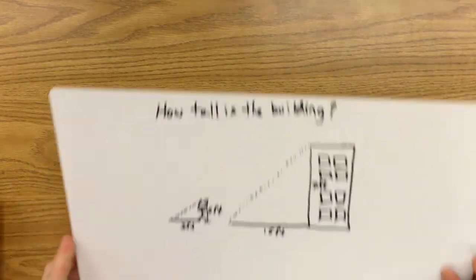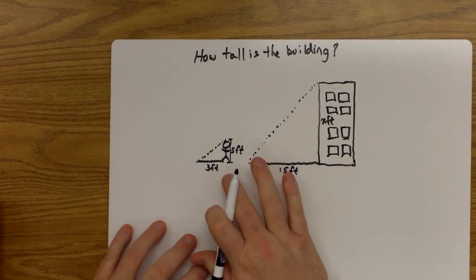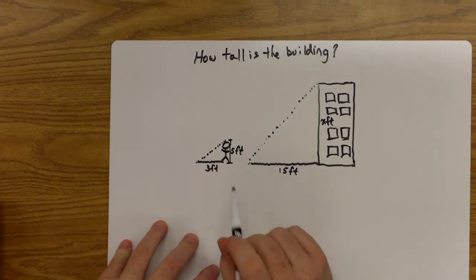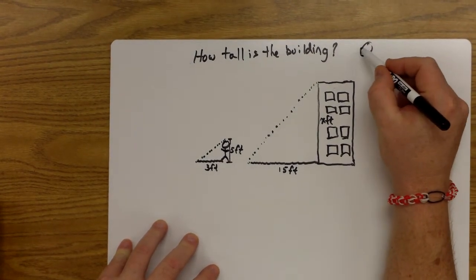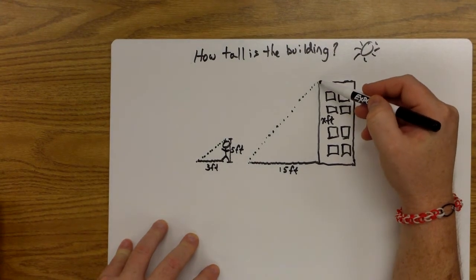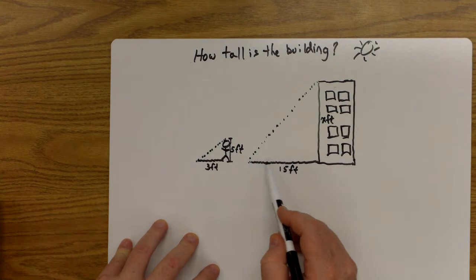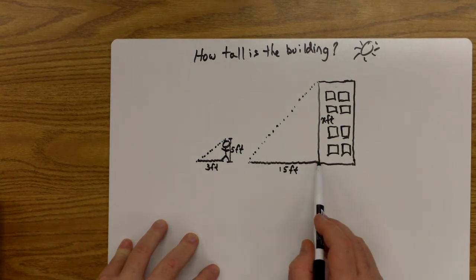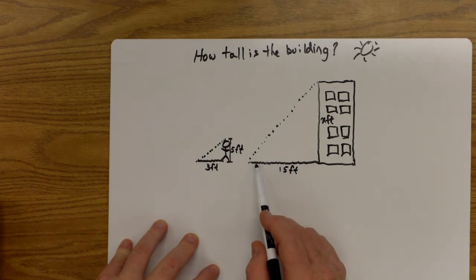We can also apply it to other things like indirect measurement. Okay, so we've got a building here, we've got a person standing near the building, and the question is, how tall is the building? Well, somewhere out here we have the sun, and the sun is shining down, and the rays hit the top of the building and stop out here, creating a shadow where the sun is actually not hitting the ground.